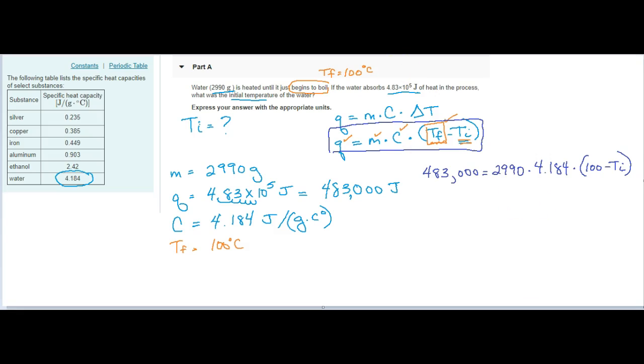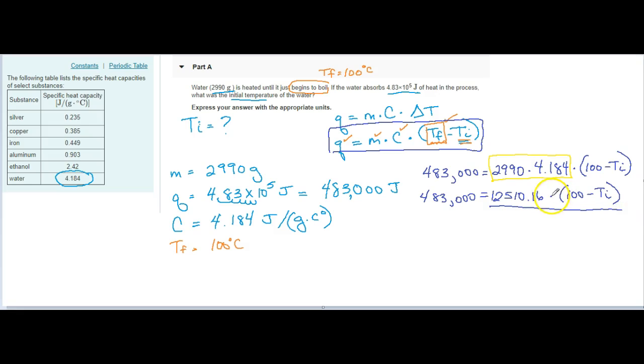So the first thing I'm going to do in rearranging the formula is combine any terms that I can. So I can do this right here: 2,990 times 4.184. That's going to give me 12,510.16 times my 100 degrees Celsius minus Ti is equal to 483,000. Now I am going to bring this number over to the other side.